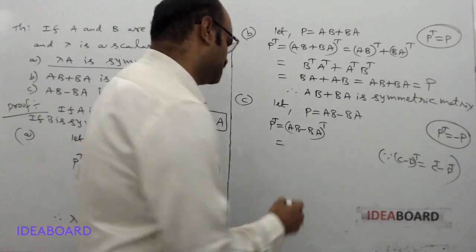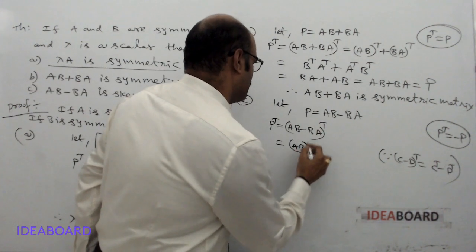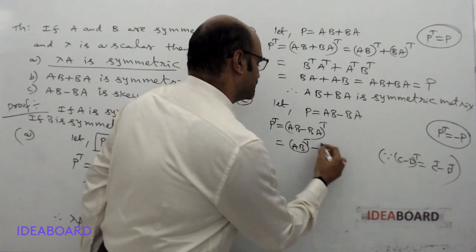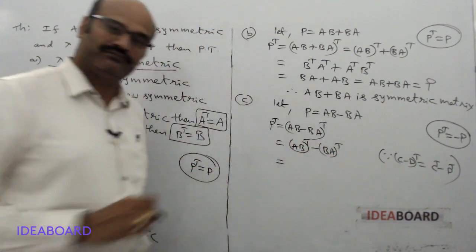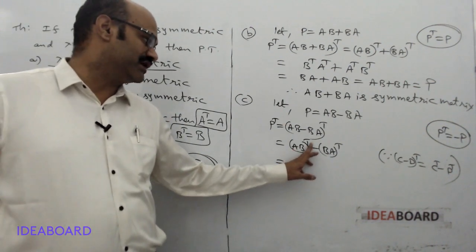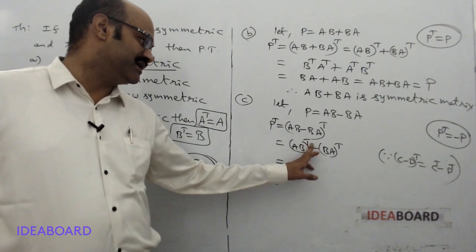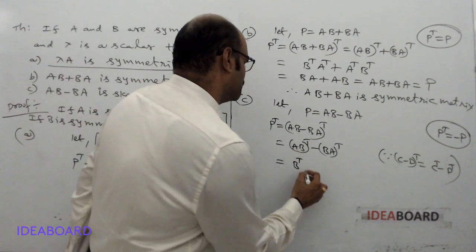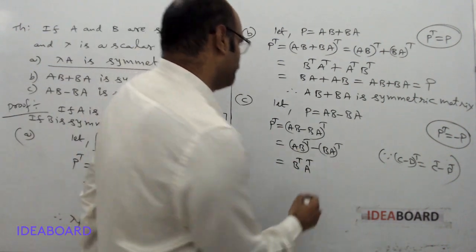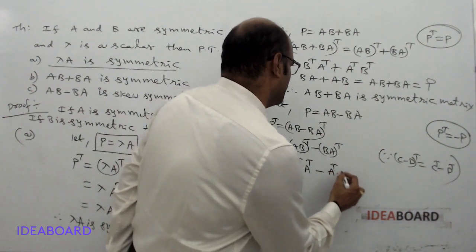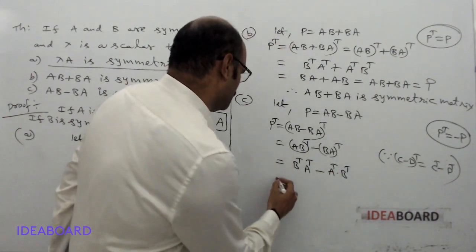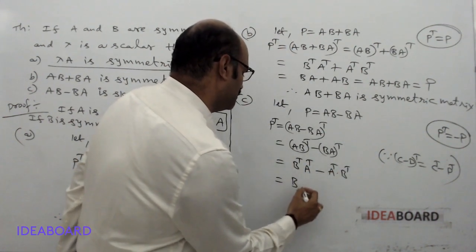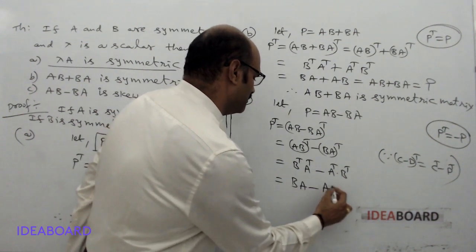Now here AB whole transpose minus BA whole transpose equal to, now AB whole transpose formula is B transpose into A transpose. So we take it as B transpose into A transpose minus A transpose into B transpose, which equals B into A minus AB.